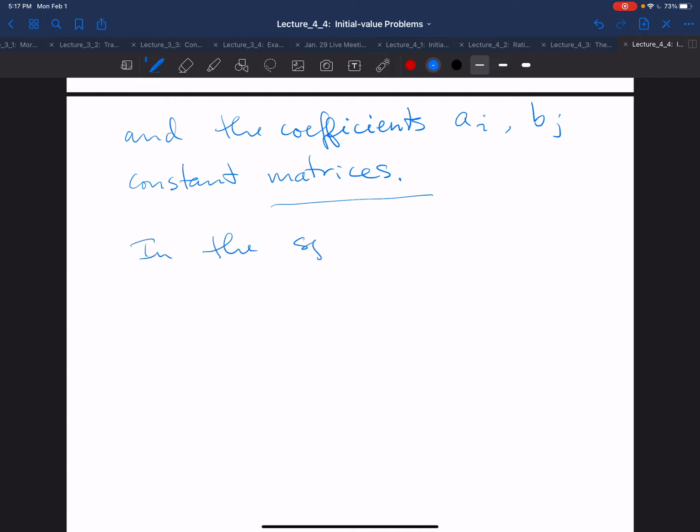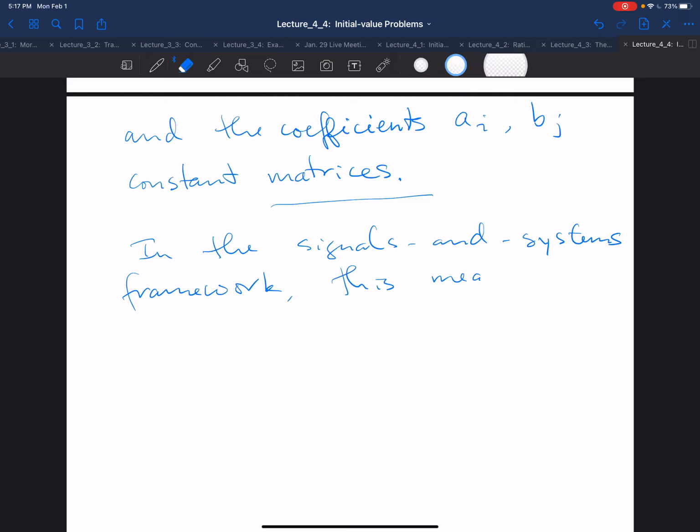So in the signals and systems framework that we're going to go on to look at, this means that the techniques extend to so-called multivariable systems. We're going to restrict attention essentially to single input, single output systems rather than multivariable systems.